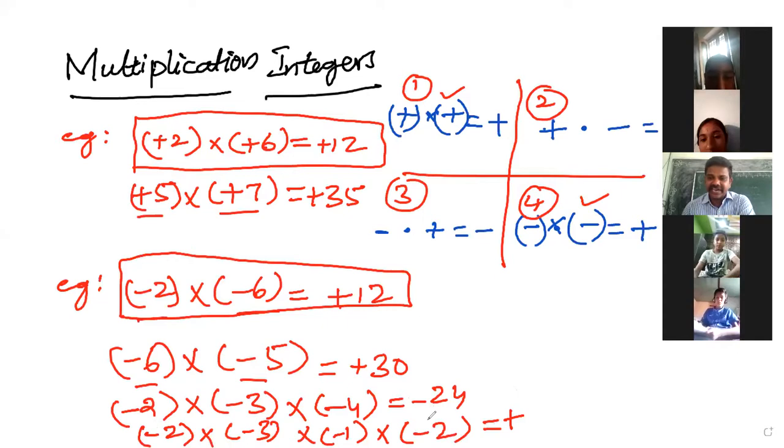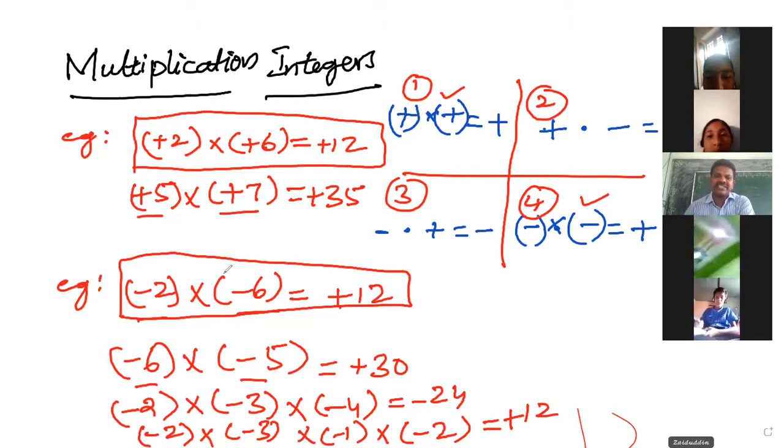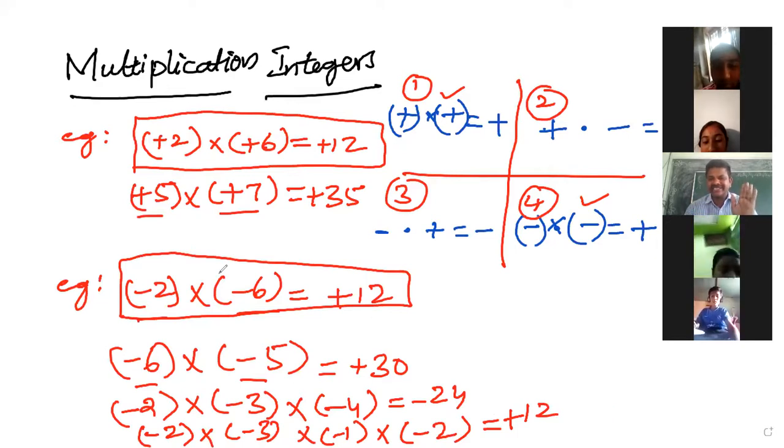If the count is even, we get a positive, right? 2 3s are 6, 6 1s are 6, 6 2s are 12. So this is about the multiplication of negative integers. Only these two cases we get positive, plus into plus or minus into minus. But in all the remaining cases we get only minus.